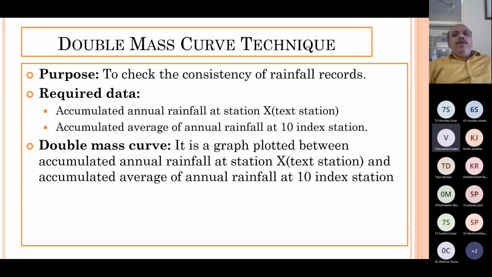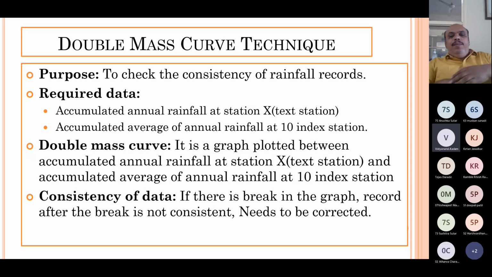So what is a double mass curve? A double mass curve is a graph plotted between accumulated annual rainfall at station X and accumulated average of annual rainfall at 10 index stations. Now, how do we come to know whether the recorded data is consistent or not?